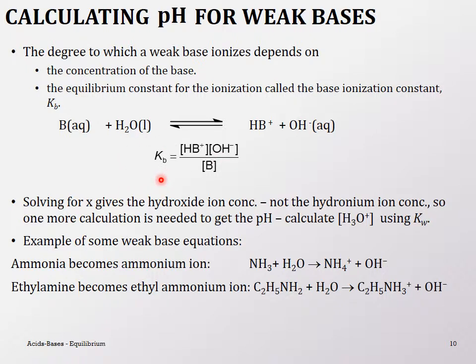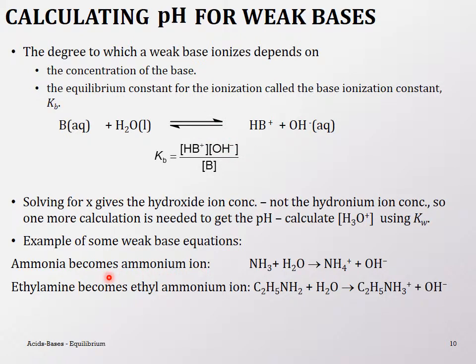Even if you're given the Ka, you have to still figure out the Kb by using Kw. So one way or another, you need to get to Kb, not Ka, because Ka is for acids, Kb is for bases. So solving for X again will give us the hydroxide ion concentration. Again, remember, not the hydronium ion concentration, because we're talking about bases.